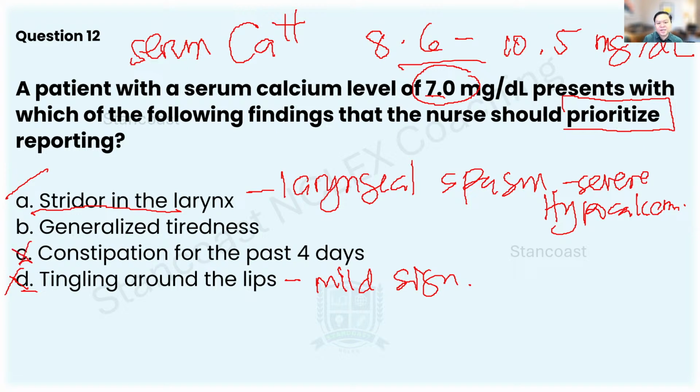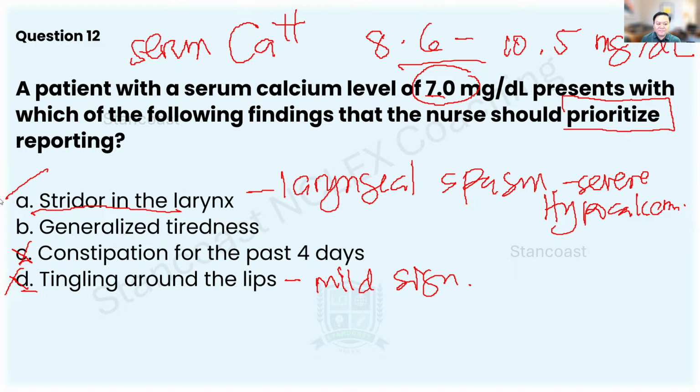Generalized tiredness, as I have said earlier, the tiredness, the muscle weakness, those are conditions that can be associated with other imbalances.